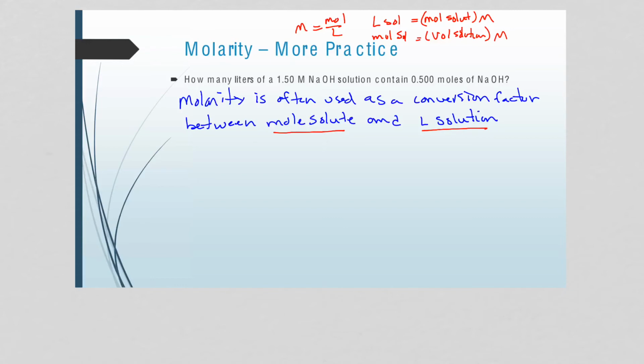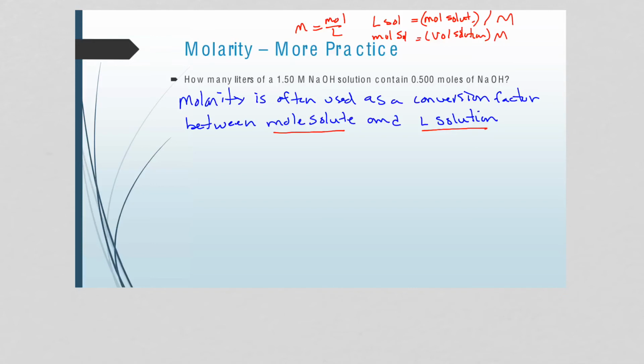times my molarity. And I forgot to write something up here, so let me go back and just make sure this was clear. If I want to get the liters of solution, it's going to be the moles of solute divided by the molarity. And so if we want to find the liters, we're going to take the moles divided by the molarity.